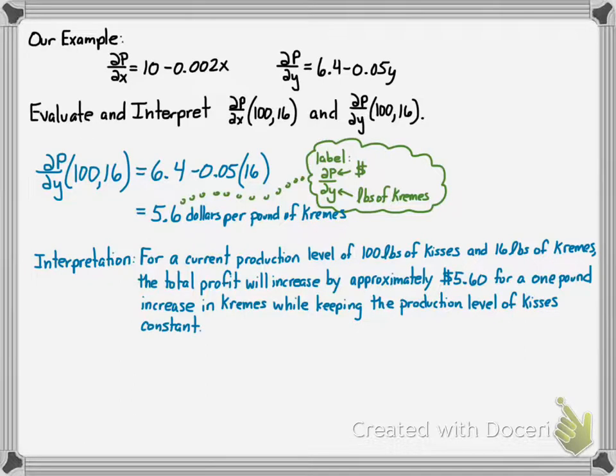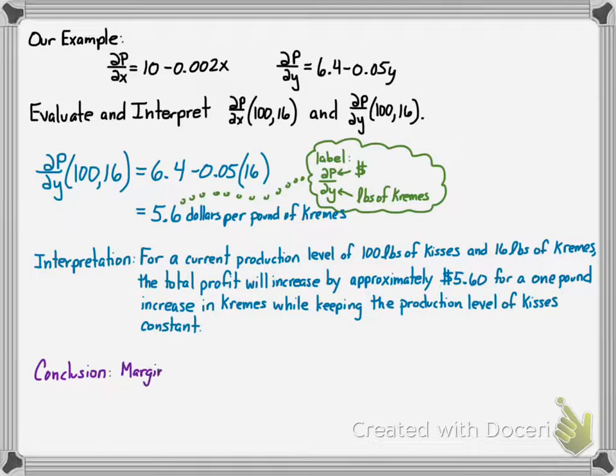And so it would make sense then if you as the person who's making the decision in this company, a good decision would be, hey, let's raise the production level on the kisses, because that small incremental increase, that 1 pound increase, is going to increase our profits more than the 1 pound increase of creams.